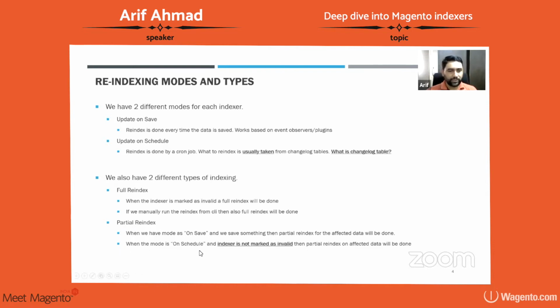Again, when the mode is on schedule and the indexer is not marked as invalid, meaning it is valid, but there are some changes, then also the partial reindex will be done based on whatever is changed only. So ideally, it is recommended to use on schedule and let the reindex be done based on the cron job.